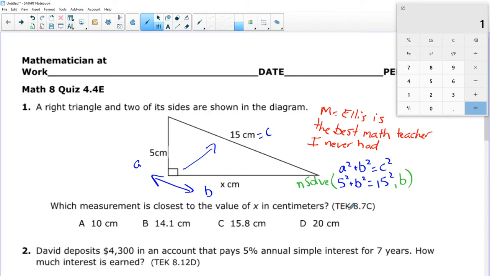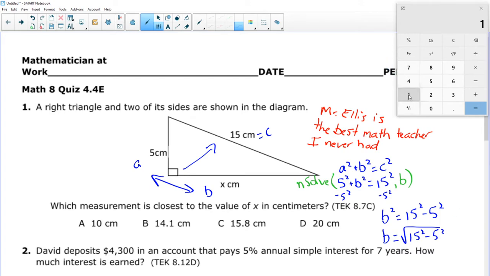we can simplify this down. We want to get b by itself, so we subtract 5 squared from both sides. We're left with b squared equals 15 squared minus 5 squared, or b equals the square root of 15 squared minus 5 squared.